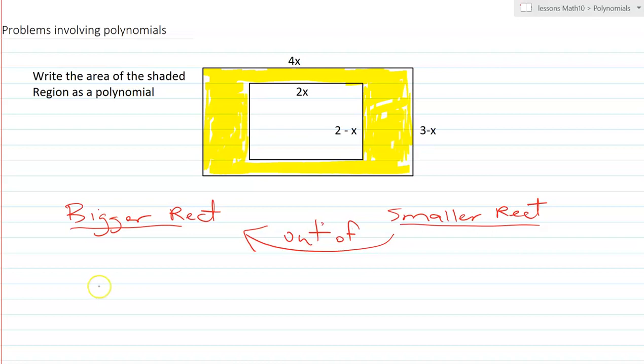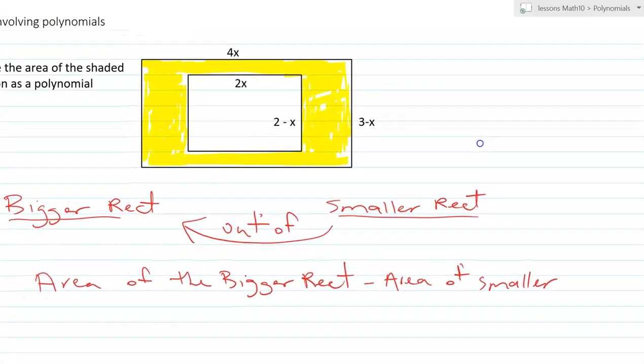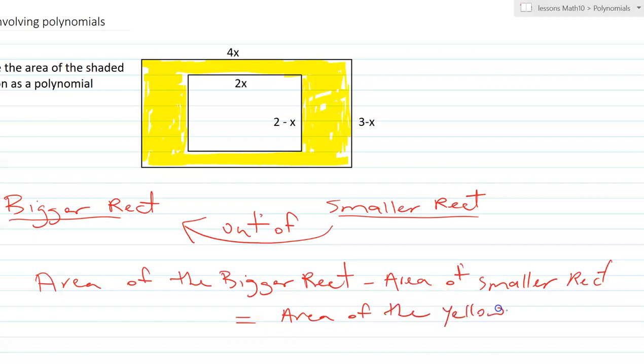That means the area of the bigger rectangle minus the area of the smaller one will give us the area of the yellow region.